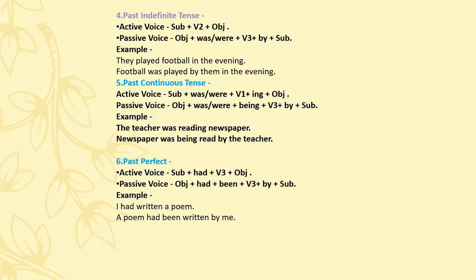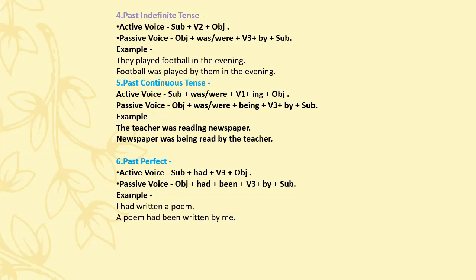That is, the object will become the subject and the subject would become the object, plus a helping verb will be used, depending on whether the subject is singular or plural, plus V3 plus by. Okay, they played football in the evening. Now they is the subject. Again, you have football as your object. And the rest is a complement that we will be adding afterwards.